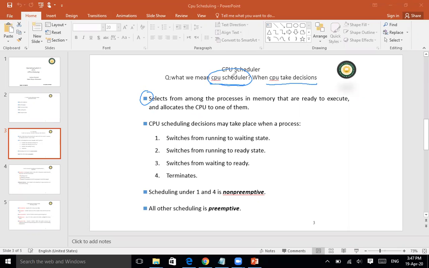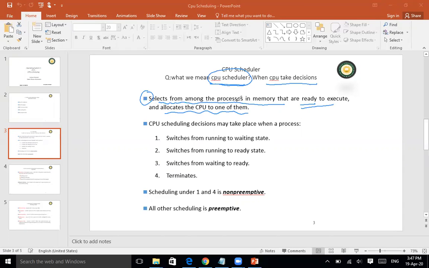The CPU scheduler is the process of selecting, from among the processes in main memory that are ready to execute, one of them and allocating the CPU to it. It selects from all the processes in the ready queue, which are ready to be executed.